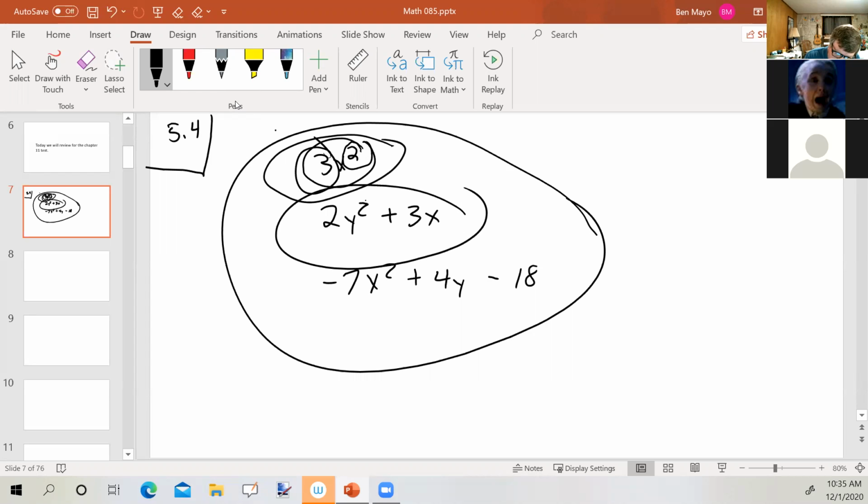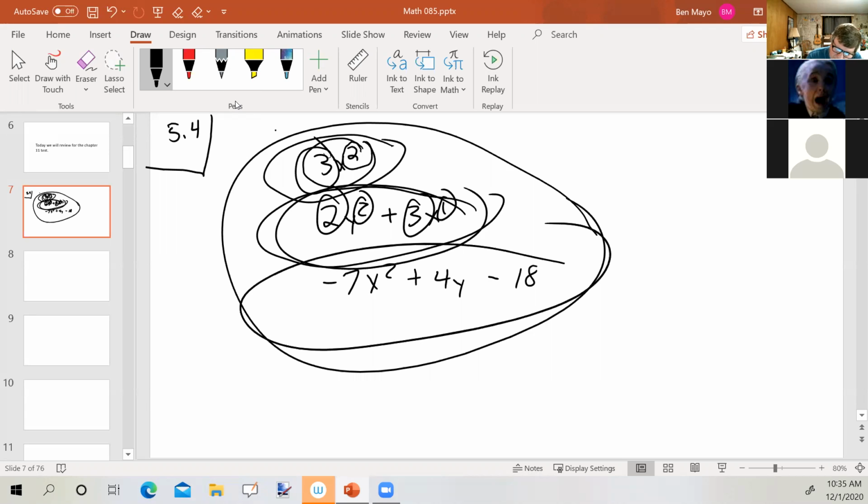The first term is of degree 2 and has a coefficient of 2. The second term is of degree 1 and has a coefficient of 3. This is also a 2nd degree polynomial. The degree of the polynomial is the same as the degree of the highest powered term, not the sum of all the variable exponents. Okay.